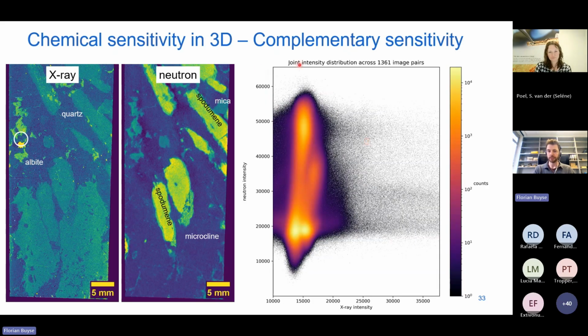And if you look, this is the last slide, at the joint intensity distribution of both neutron intensity and X-ray intensity, you can see these clouds that can then be linked or used to actually identify minerals within your rock samples.